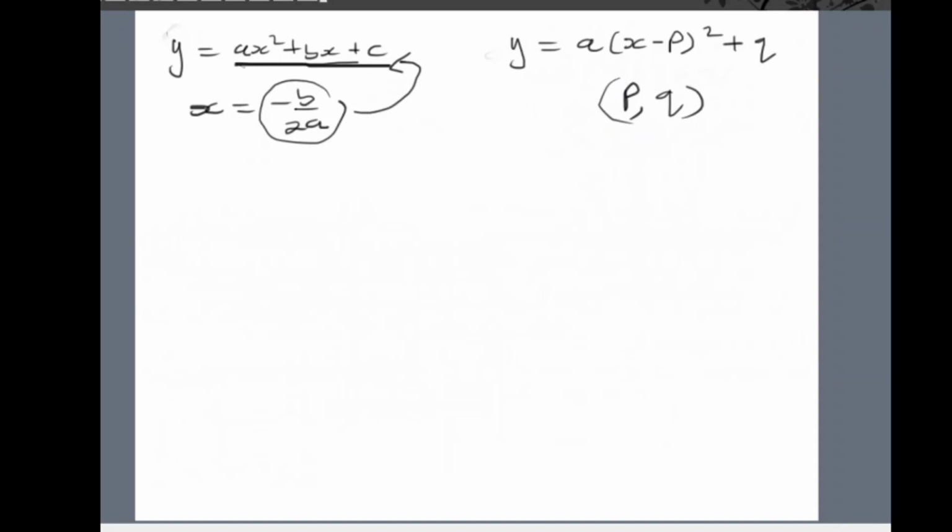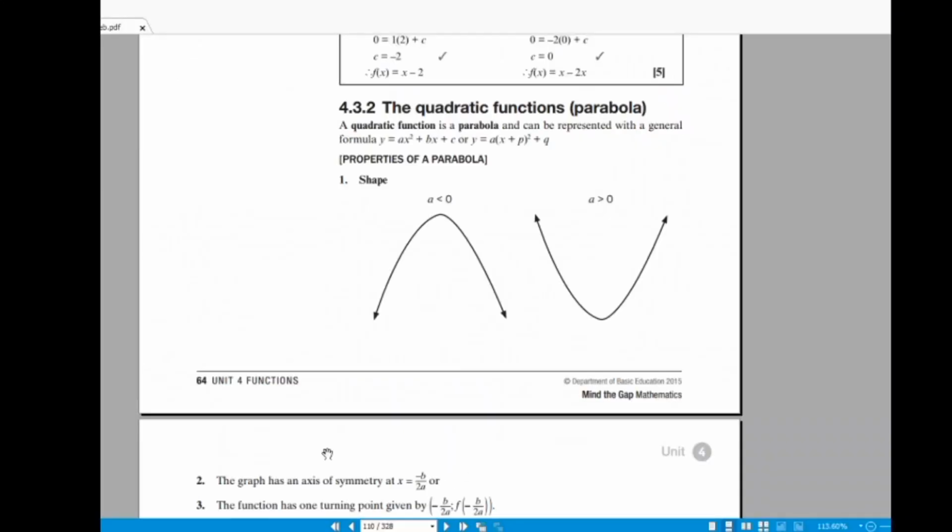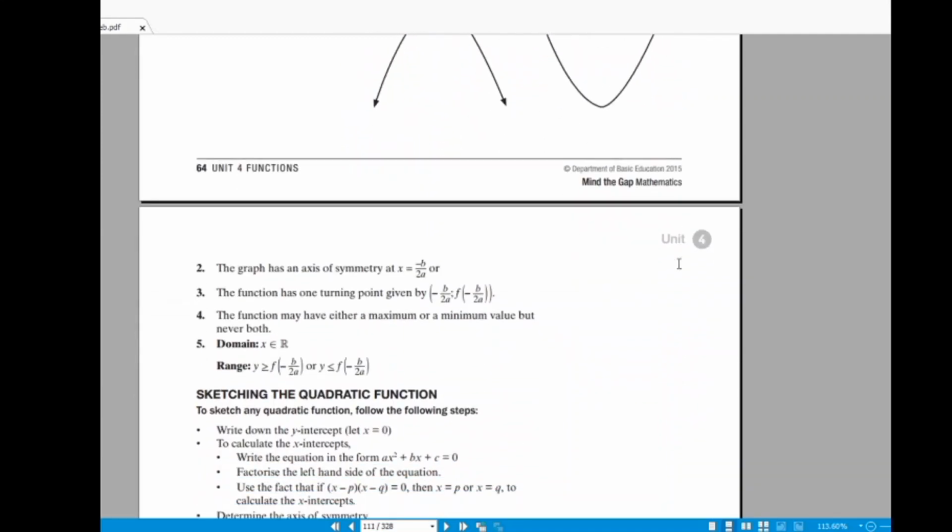Okay, those are just some of the highlights, right? So a quadratic function is a parabola and can be represented with this general formula: y is equals to ax squared plus bx plus c, or y is equals to a times x plus p squared plus q. So if the value of a is negative, we have a sad function, and if the value of a is positive, we have a happy function, right?